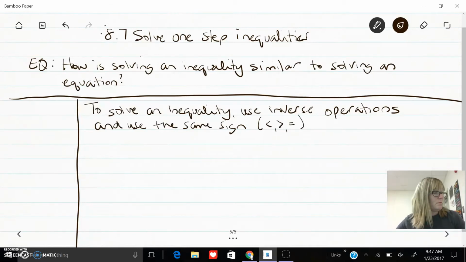Okay, so you're going to use the inequality sign instead of equals. Okay, so it's not an equation, it's an inequality. So it can't be equals. Okay, so it can be greater than and equal to.